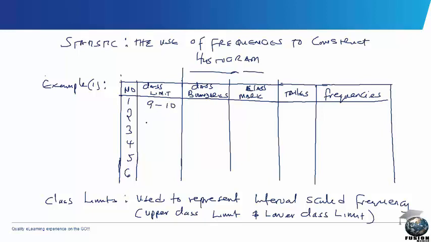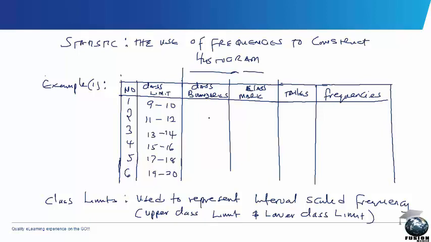We've grouped data in this form before, so you can refer back to that lesson. 11 to 12, 13 to 14, then 15 to 16, 17 to 18, 19 to 20. We will discuss how class boundaries are formed, and look at these class limits.